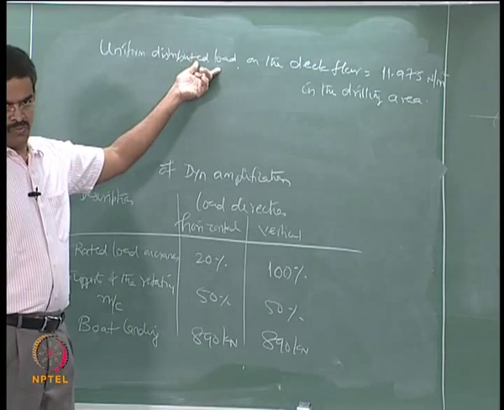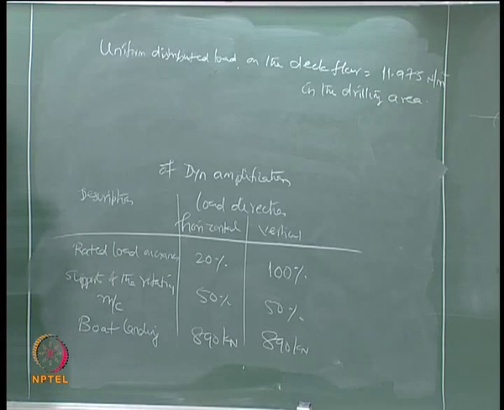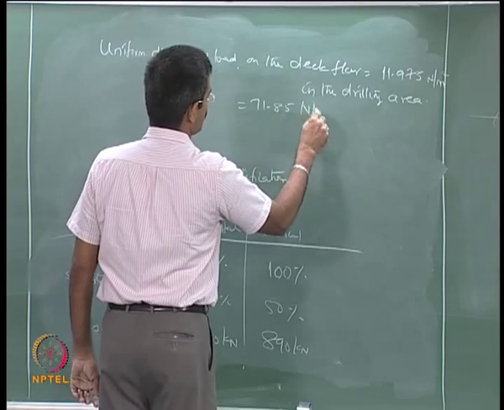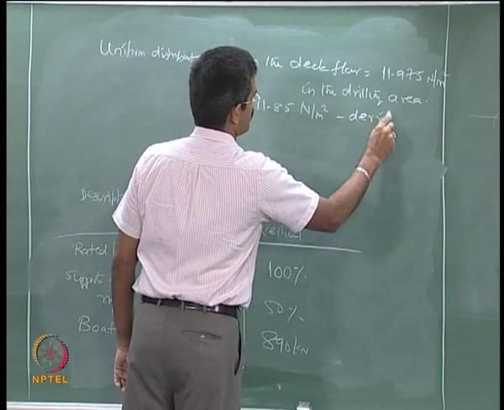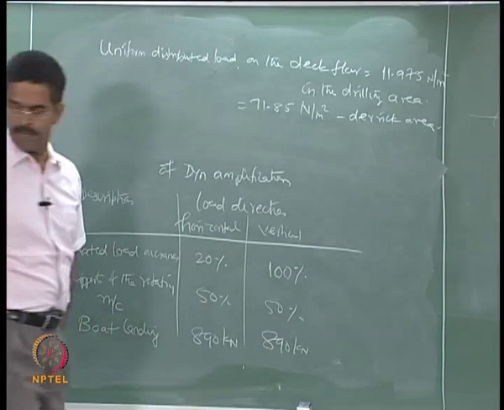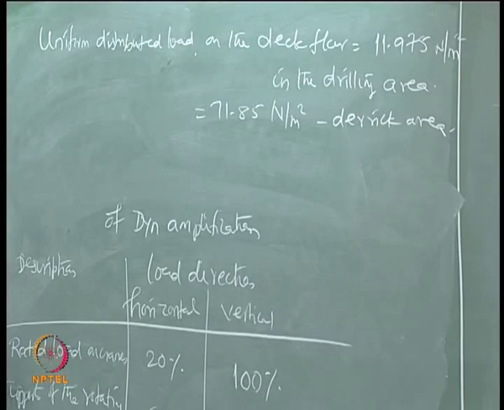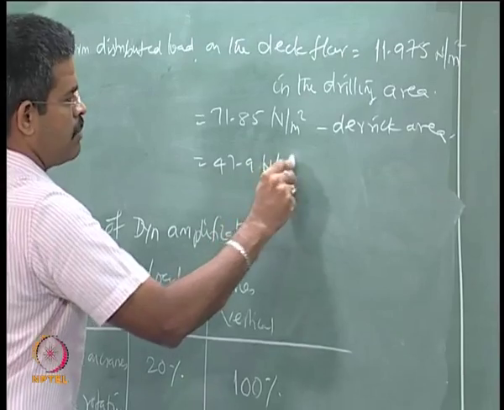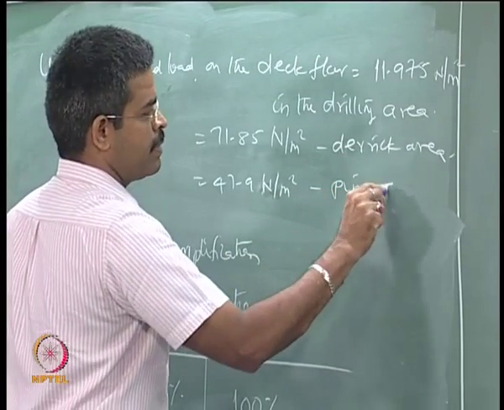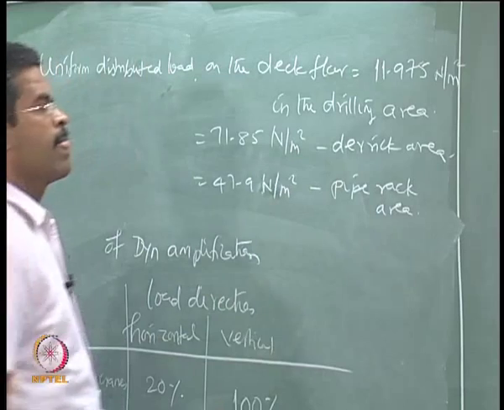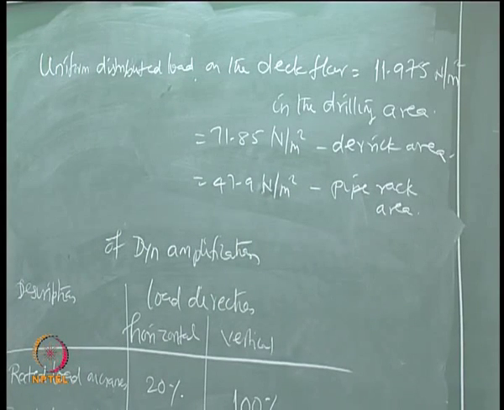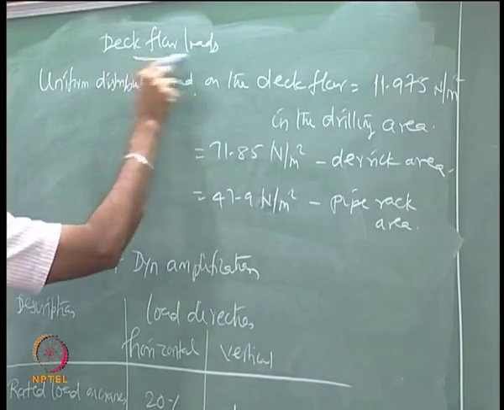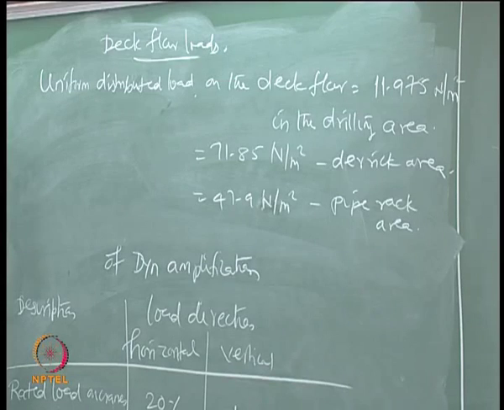These are all original live loads. 71.85 Newton per square meter in the derrick area, 47.9 Newton per square meter in the pipe rack area. These are what we call deck floor loads. These are all the loads which come on the deck floor.